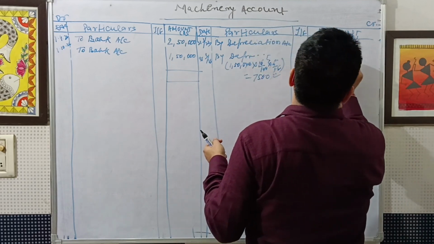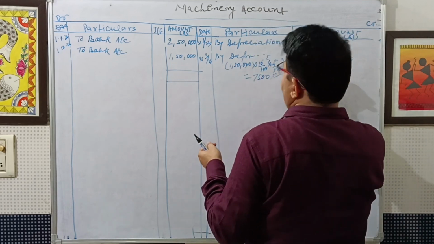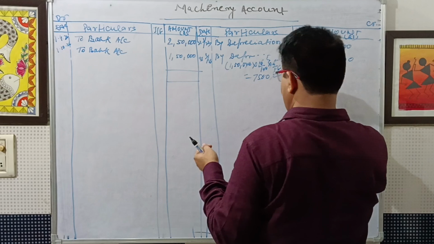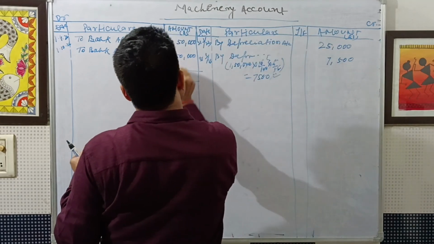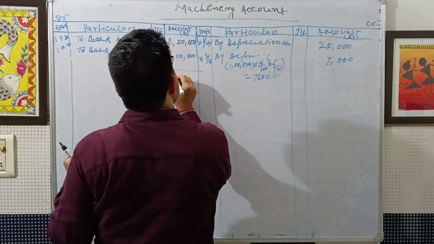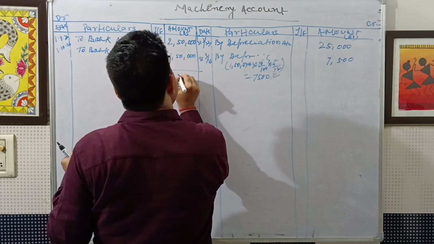So right here the 7,500. It means 32,500. So total value is 4 lakh.